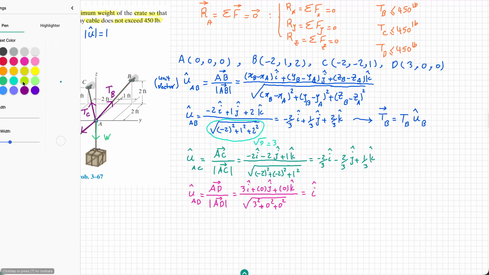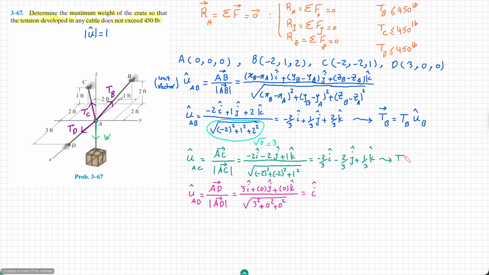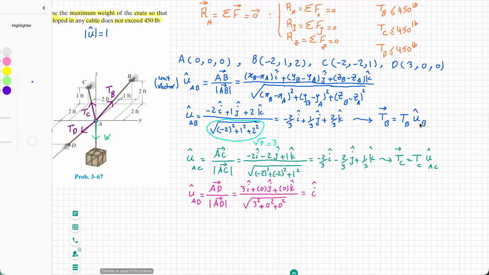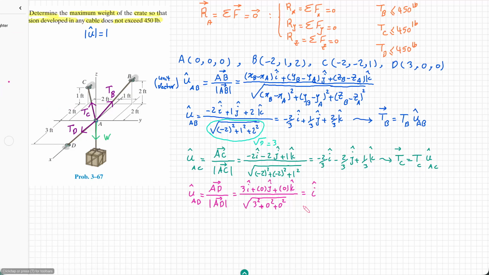Also here, I can write TC as a vector equals TC as just a scalar value times u hat of AC. And for the last one, TD simply is the value of TD times u hat of AD, that we calculated here.